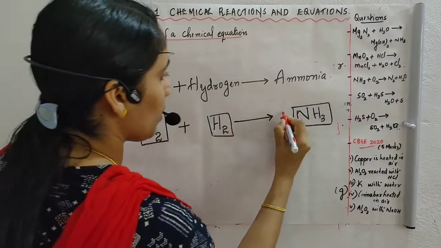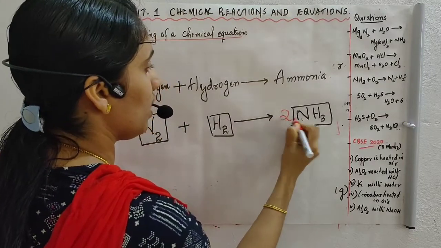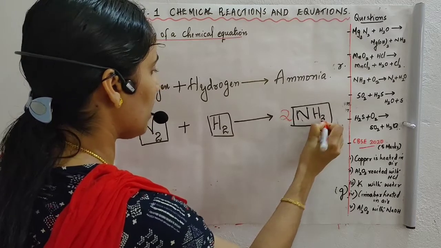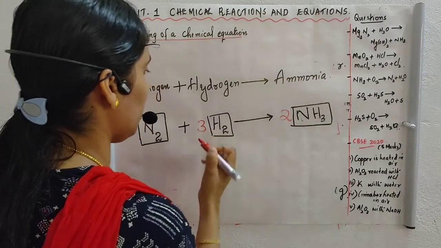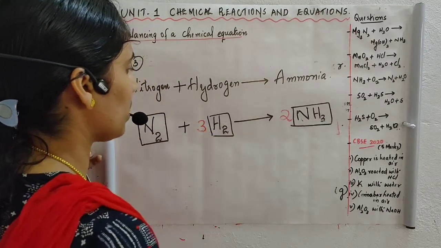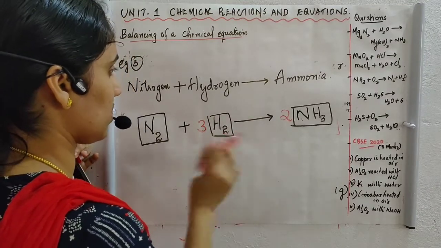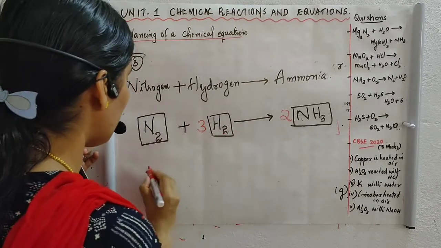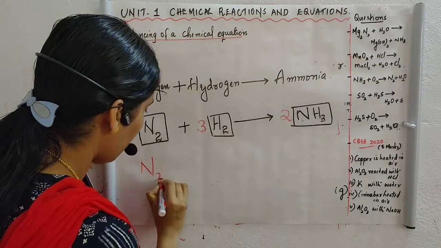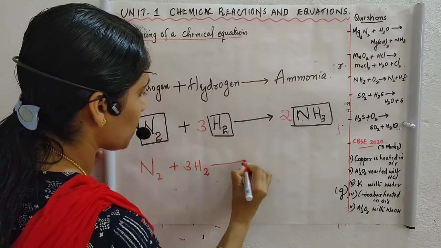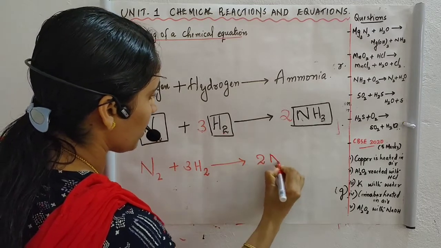When you put 2 here, nitrogen becomes 2, and hydrogen automatically becomes 2 into 3, that is 6. So you can put 3 here also. So hydrogen becomes 3 into 2, that is 6. So the equation is balanced now. The balanced equation is N2 plus 3H2 gives 2NH3.